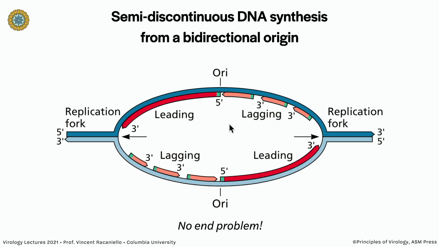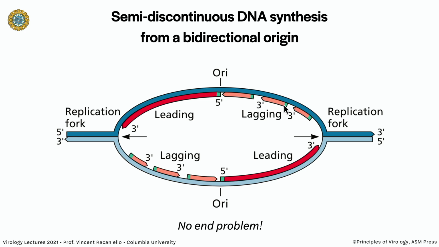When this fork is very small, there are these regions upstream here that have to be made in pieces. Now, here we've already expanded the fork, so we know that these have to be made in pieces. But when the fork is small, for example, you put down a primer, and then you make the product. And then the fork gets bigger because of the leading strand on the other strand. And now what are you going to do?